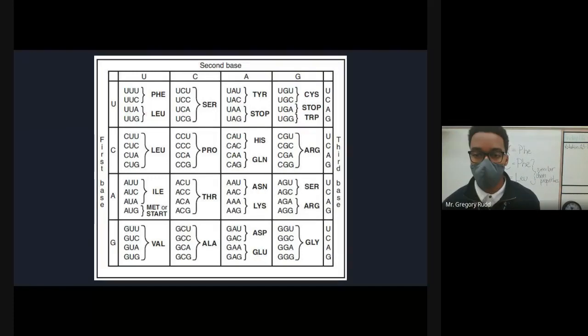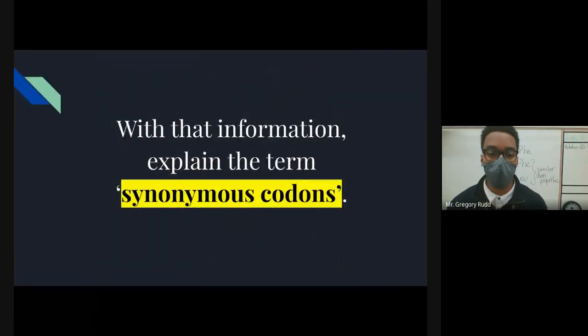All right, cool. So now we get that. So one thing I do want you guys to do in your notes, though, I want you to define in your own words this phrase, synonymous codons. Synonymous codons. I'll leave this up and then I'll go back to the amino acid chart so you can use that for your definition.